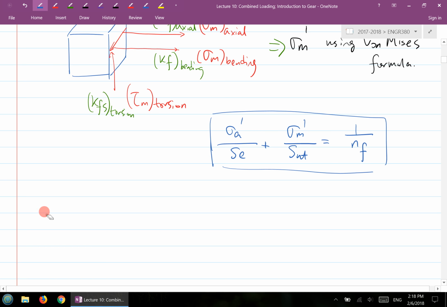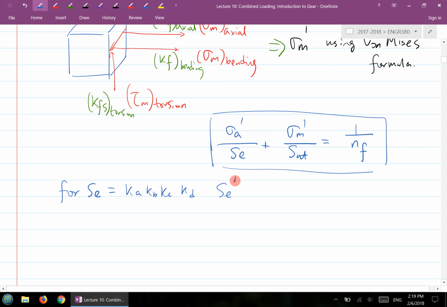Before I write down the formula, coming back to the modified Goodman line, for the SE, recall that SE is the endurance limit, and when you calculate it, SE equals KA, KB, KC, and then probably KD, times SE prime.